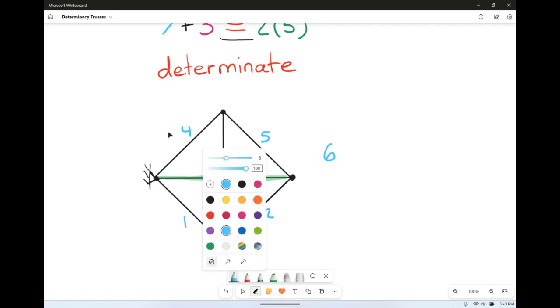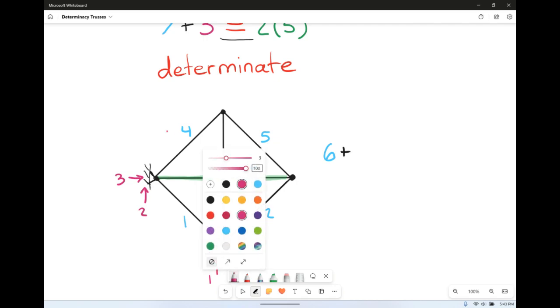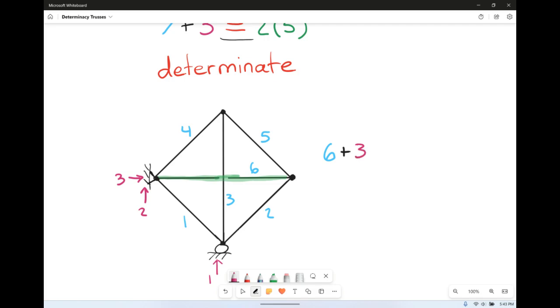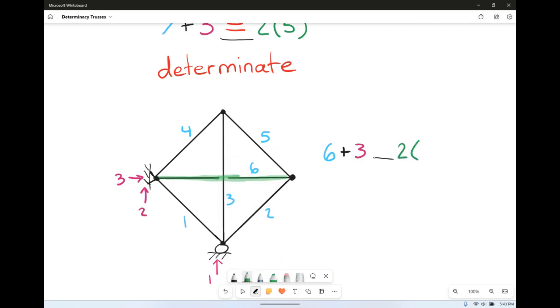How many external reactions do we have? We have a vertical for the roller. We have a vertical and a horizontal for the pin. So 6 plus we've got 3 reactions. That's 9 right now. And then we're looking for 2 times the number of joints.